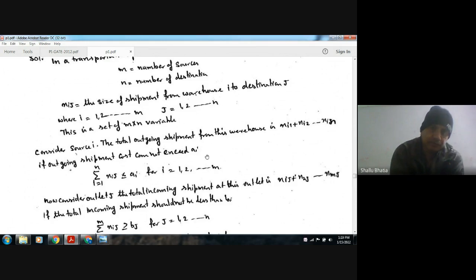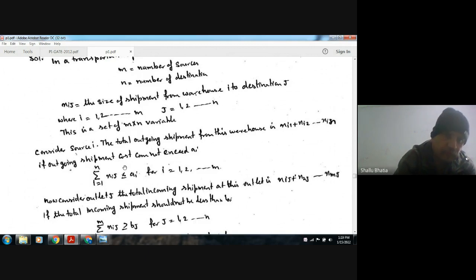The total outgoing shipment from this source: from the ith source, the possible deliveries go to destinations 1, 2, 3, up to n. So there will be xi1 plus xi2 up to xin, the number of deliveries to the destinations.